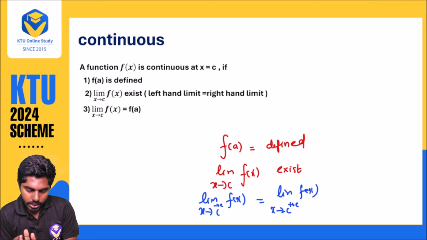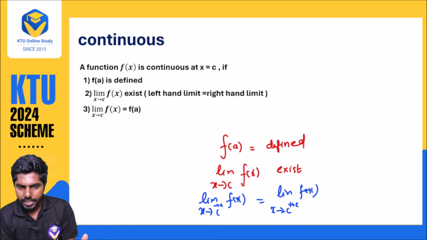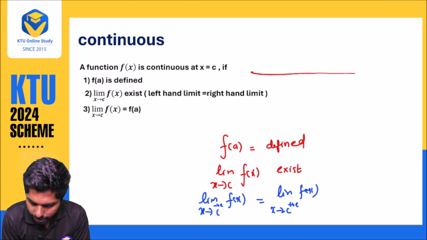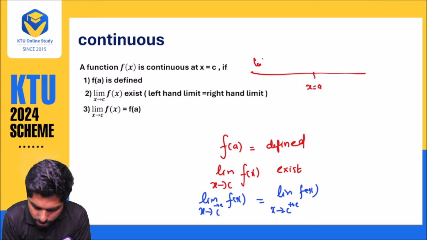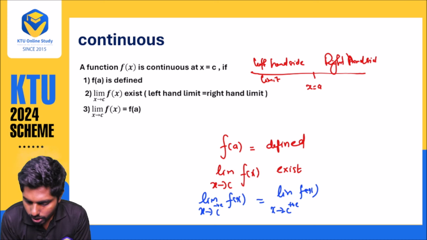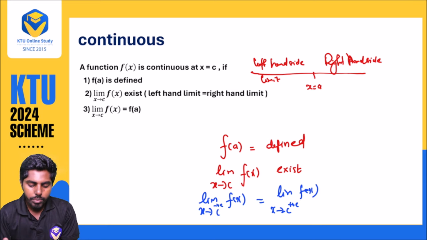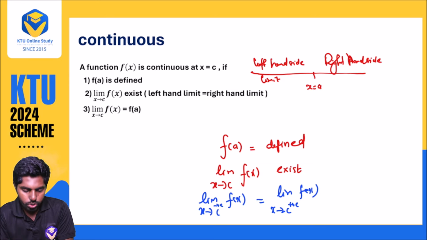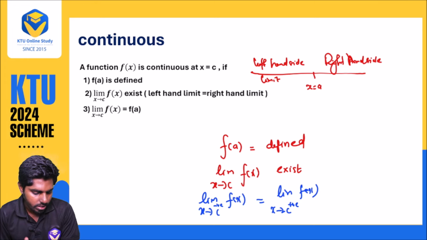Left hand direction and right hand direction should both be equal. When both are equal, then we can say the limit as x approaches c of f of x exists.